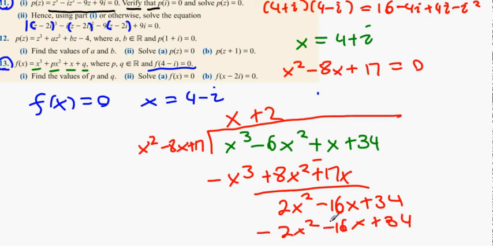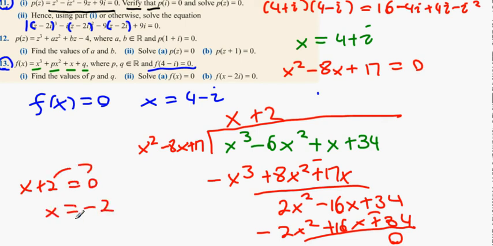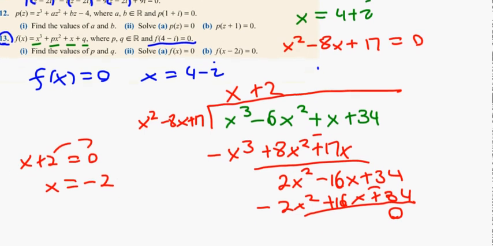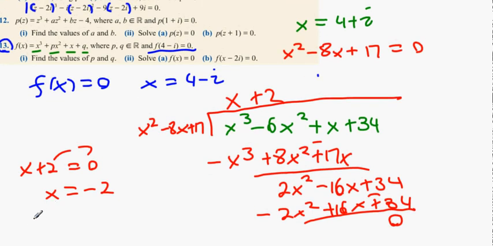Take them away, and then you get 0. So we know that the other factor is x plus 2, and that equals 0, so therefore x equals minus 2 is the other root. So we have x equals minus 2, x equals 4 plus i, and x equals 4 minus i.